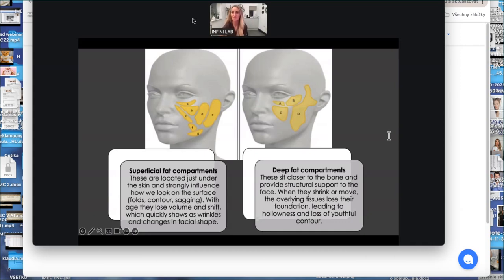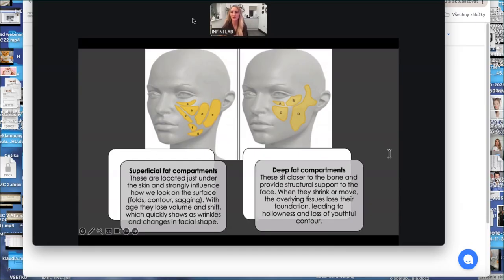They gradually shrink, they lose volume, and that contributes to the visible collapse of the overlying skin. The deep fat pads also age, of course, but they are influenced not only by age, but are also very linked to our body mass.